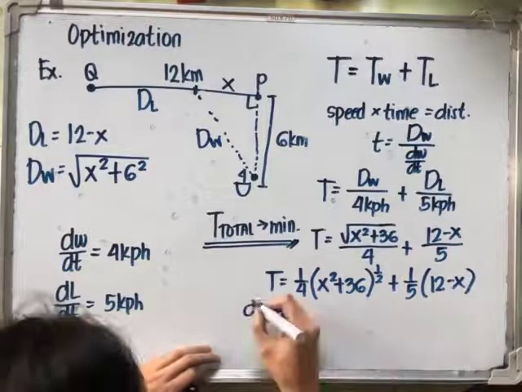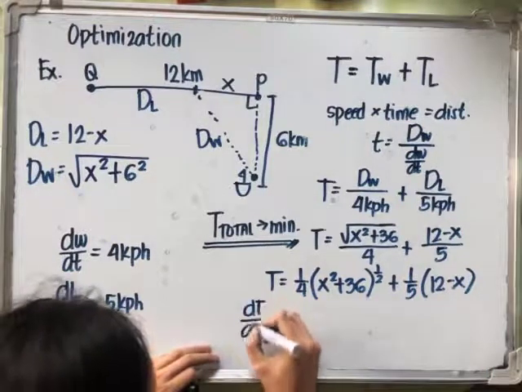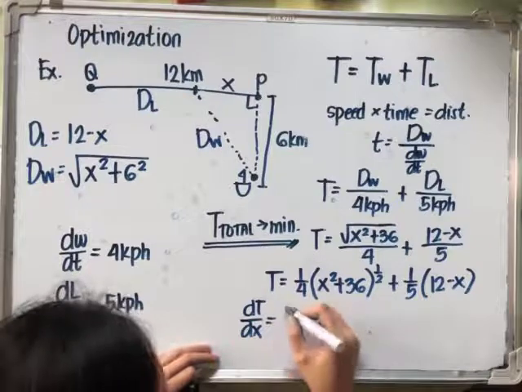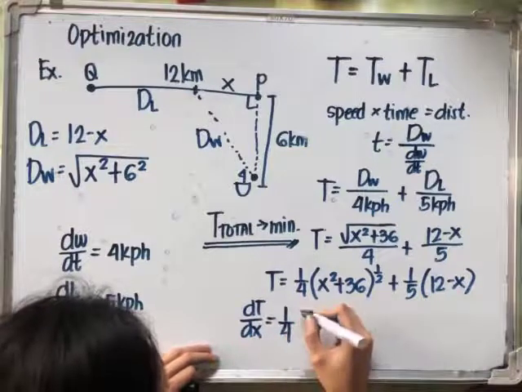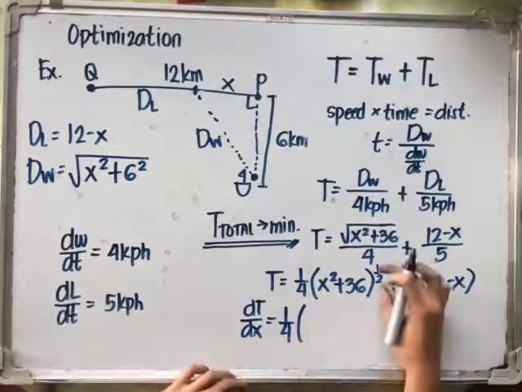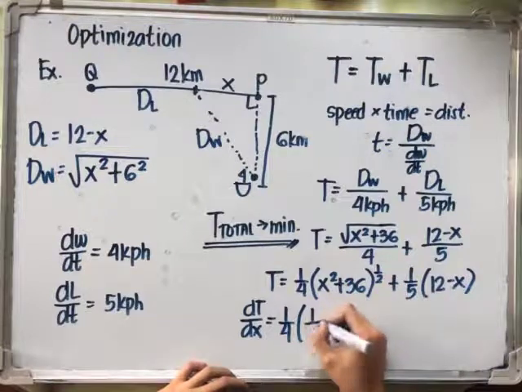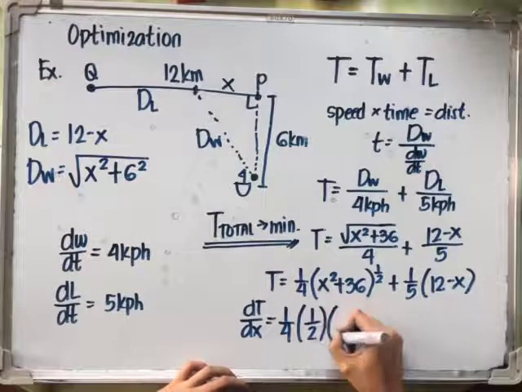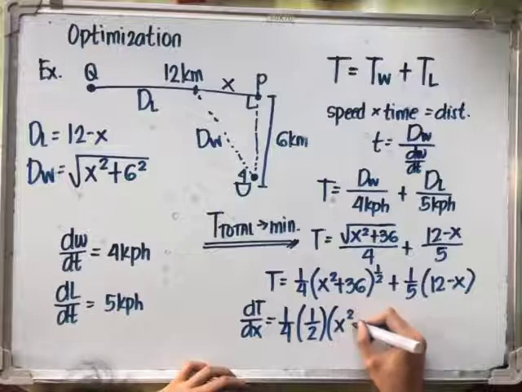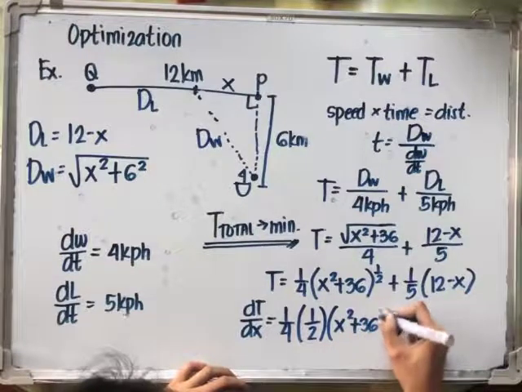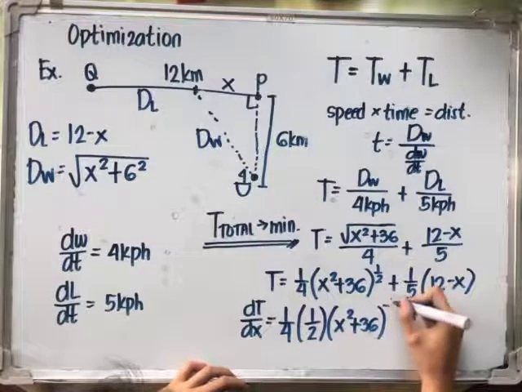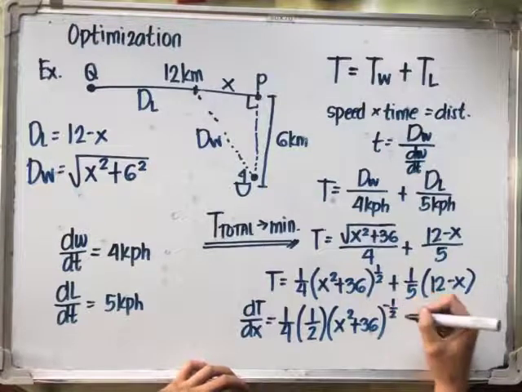And now we can differentiate it. dt over dx. Okay? We have here 1/4. Applying chain rule here, exponent going down now, 1/2. Copy the term, x squared plus 36. Exponent minus 1, so that's 1/2 minus 1 is negative 1/2.